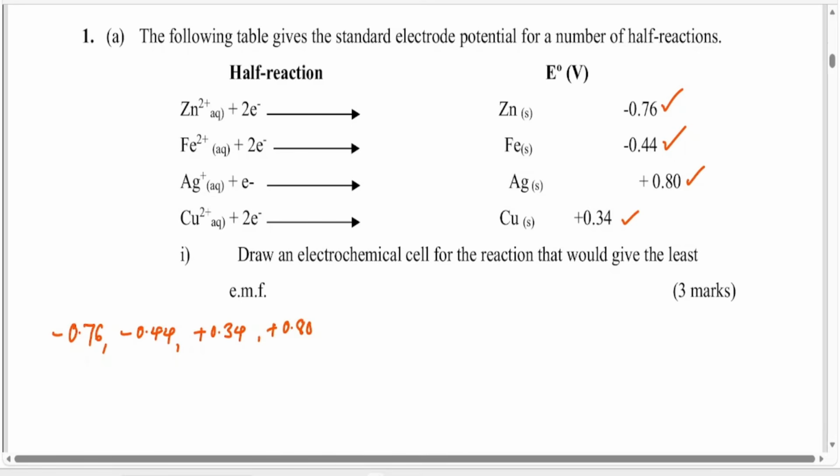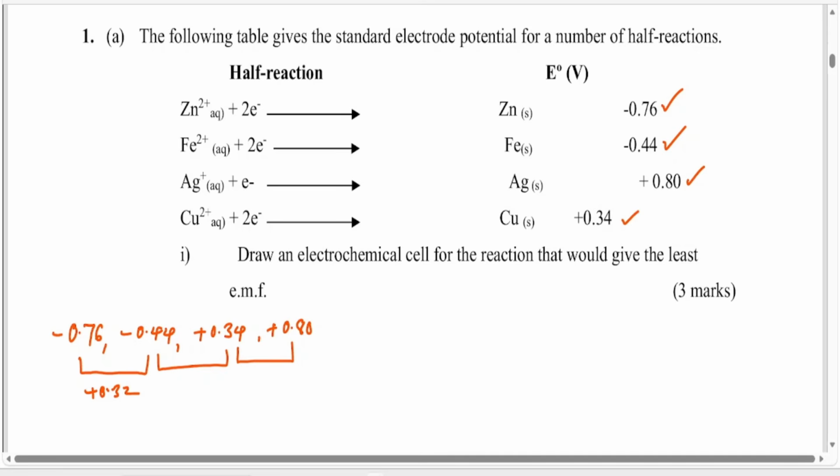So when I look at this question, I notice that zinc is close to iron 2, iron 2 is close to copper, and copper is close to silver. And now I take the differences. When I take the difference between zinc and iron, I obtain positive 0.32.